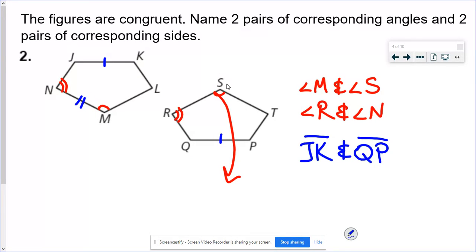I can see that the segment between them, MN, would have to match up with the one that has the two angle marks in the other shape. Because I'm starting with M that has the single marked angle to the N, which has the double marked angle, if I go MN, then over here, same order, single mark for S, double mark for R, so I'm going to go with SR.